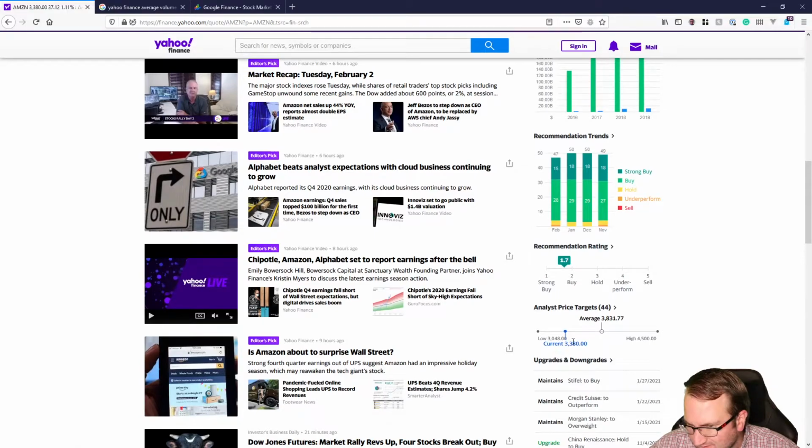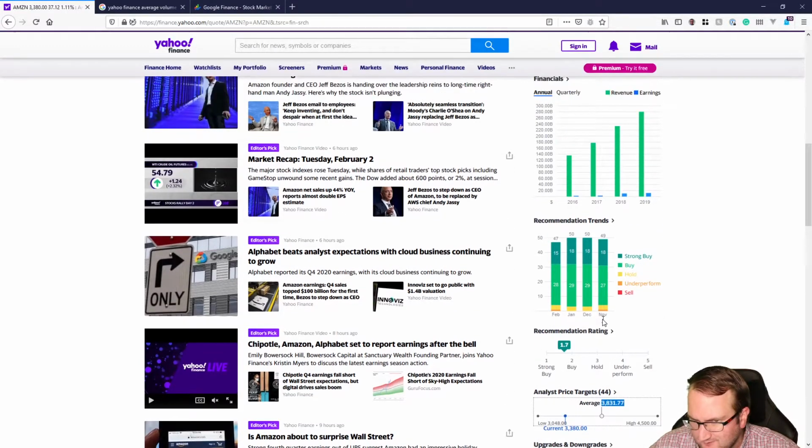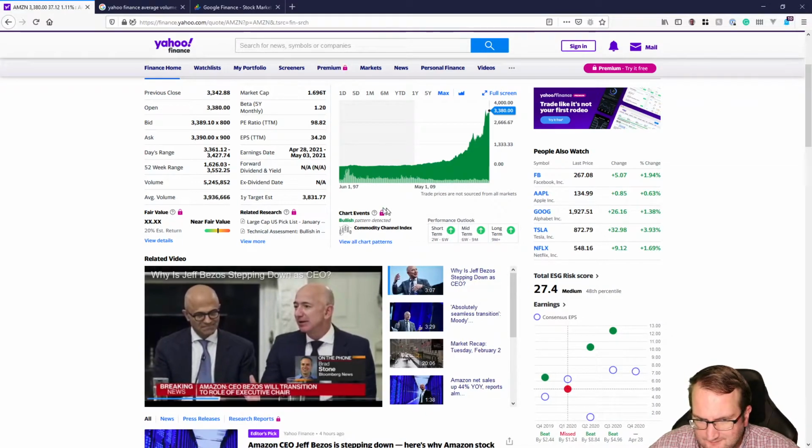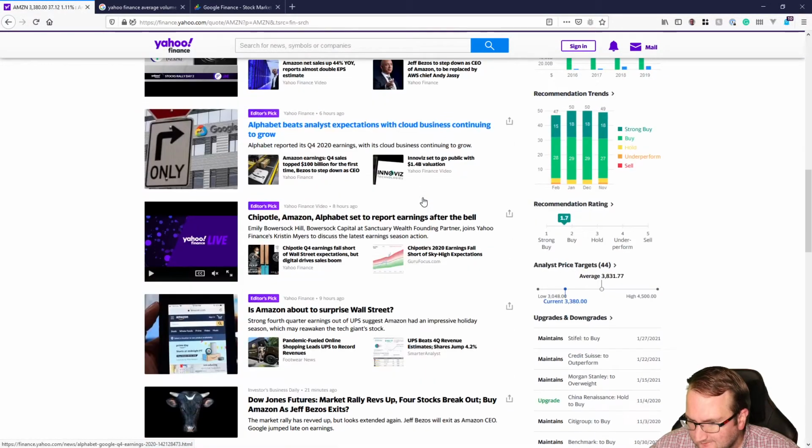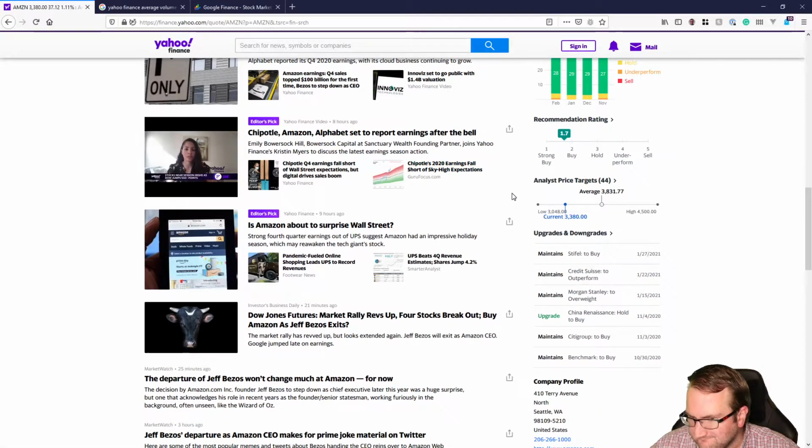Analyst price targets. So this is kind of interesting. So it's currently trading at 3,380, and as we saw up earlier on in the chart here, the price target is 3,831. So if you go back up here, 3,831. All right.